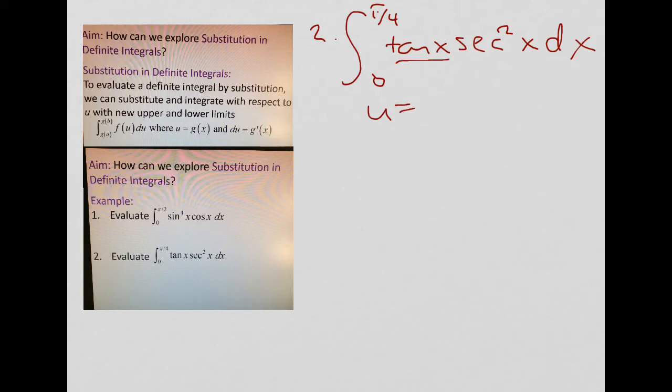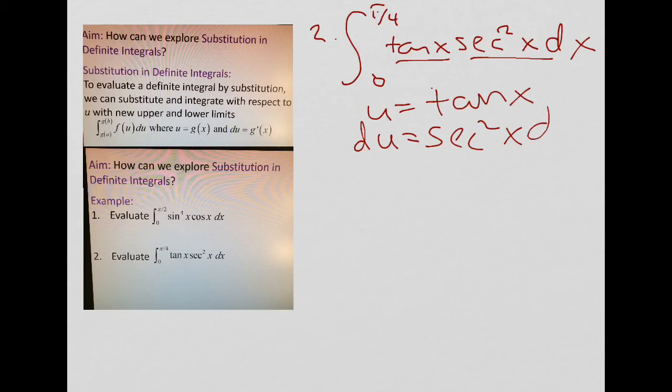Even though this is secant squared of x, they're kind of equal as far as complicated portions. But if you take the derivative of tangent of x, it is secant squared of x. Take the derivative on both sides, with respect to x. So hopefully you can see how all of this would become du. So that's what we would use.